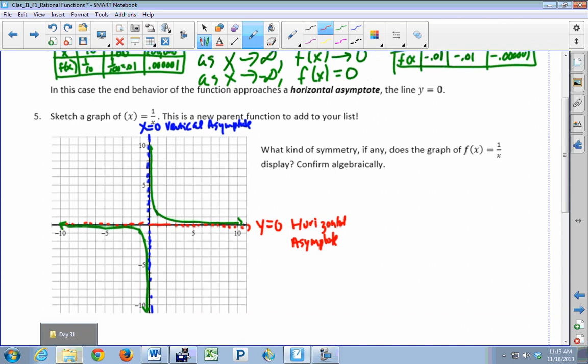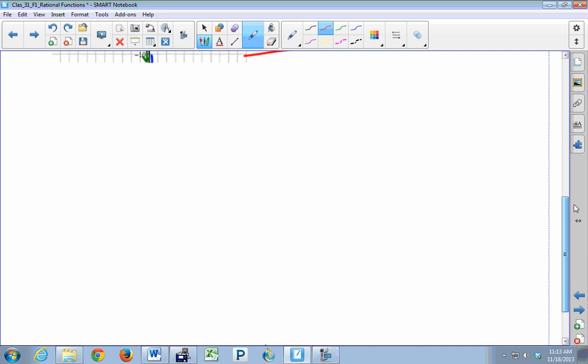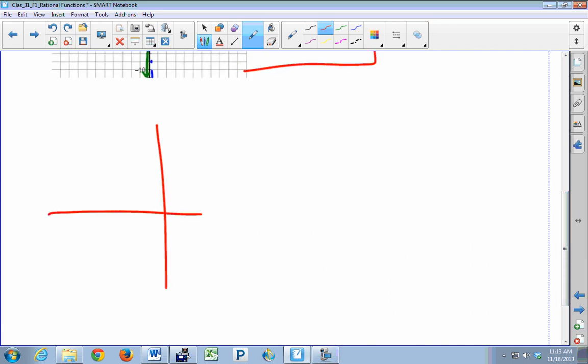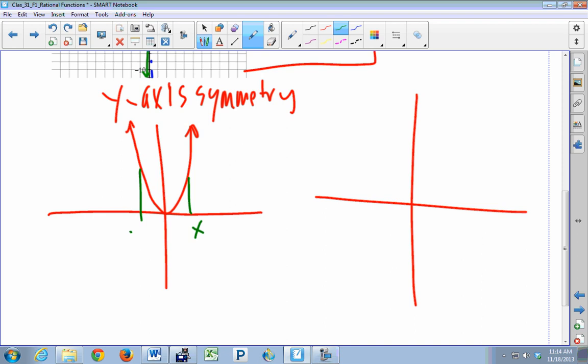Okay, so let's review symmetry again, because symmetry is something that kind of bugs you guys. Let's review symmetry with the basic functions that we talk about symmetry with. If we have y-axis symmetry, the function you should think about is your parent function x squared. Because if we put in x and we put in its opposite, we come to exactly the same y value.